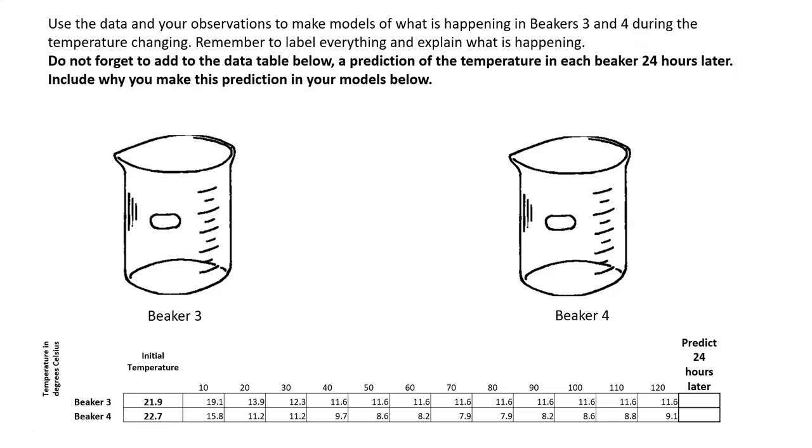So do your best to explain what's going on currently in the reaction of beaker 3. Explain what's going on in beaker 4. Be detailed. Use explanations that involve chemical and physical changes. And make sure you make your prediction. That's your challenge.